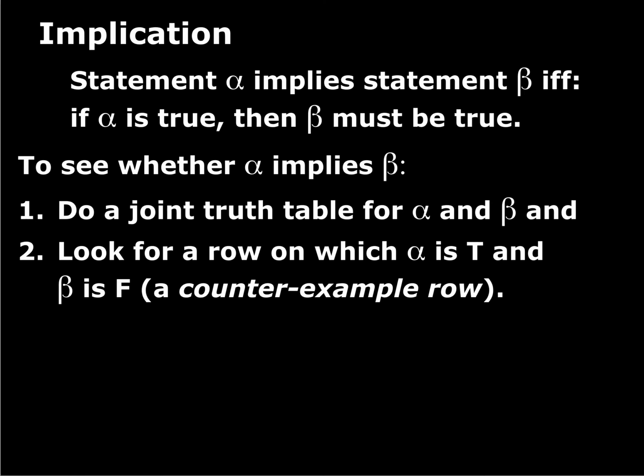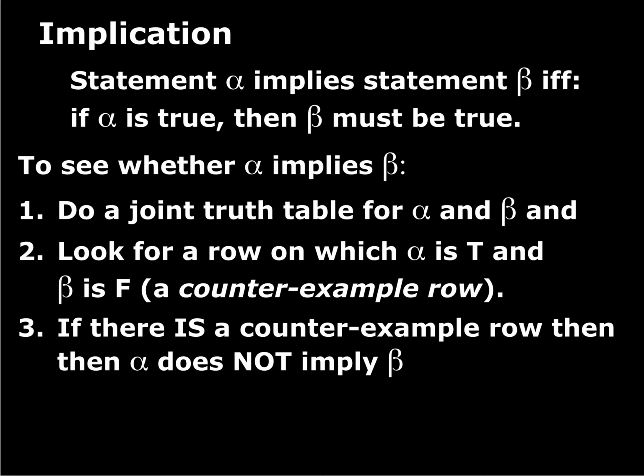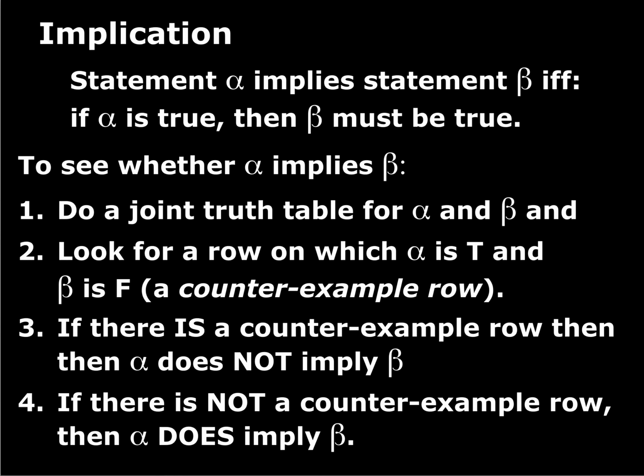You're going to look for that combination. We're going to call that a counterexample row. If there is a counterexample row, then that implication does not hold. Alpha doesn't imply beta. But if there is not a counterexample row, then the implication does hold. Alpha does imply beta.